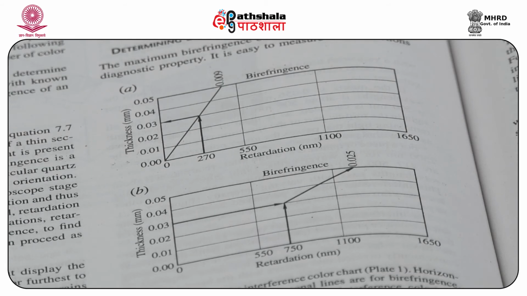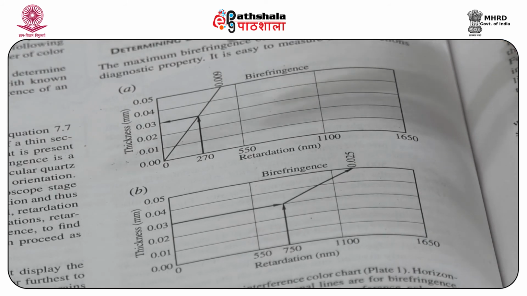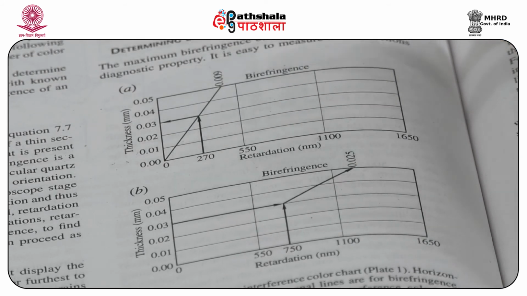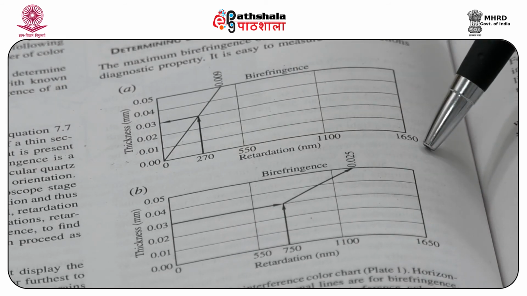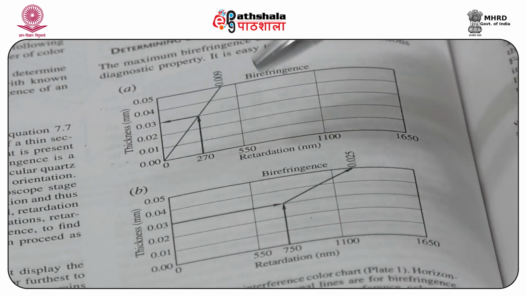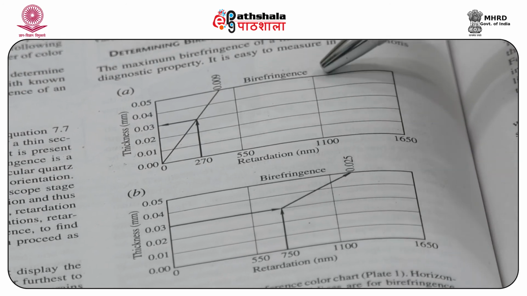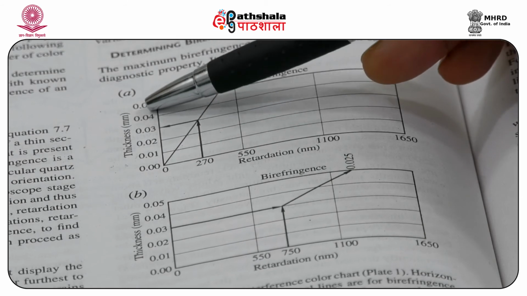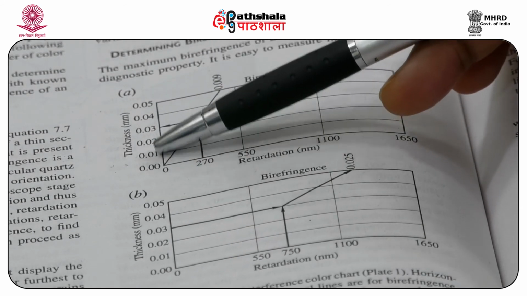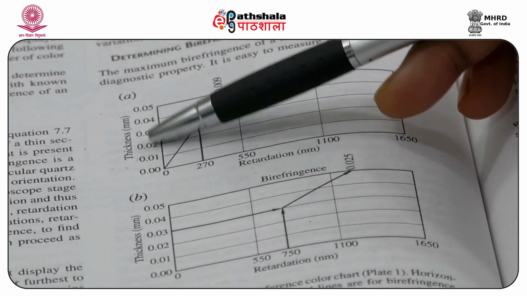As you can see here, we have a color chart where on the x-axis we have the birefringence. These vertical lines are for retardation, and here we have the thickness of a mineral thin section, which is marked in nanometers or in millimeters.